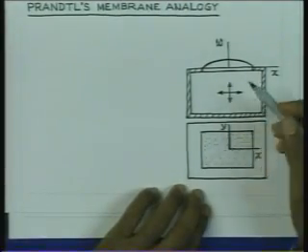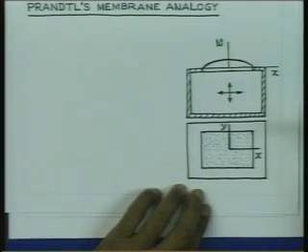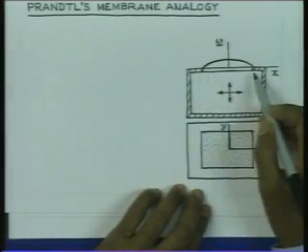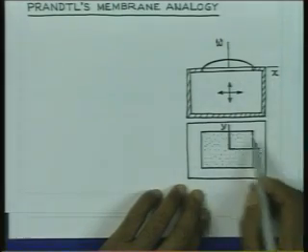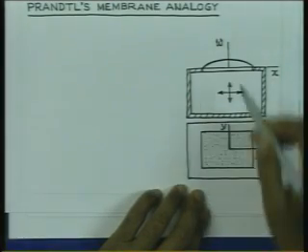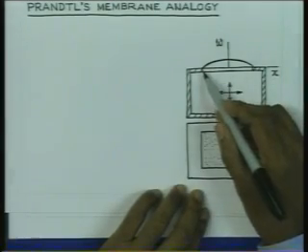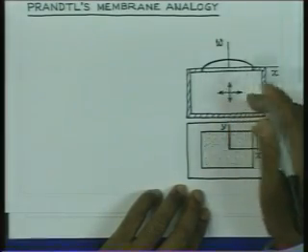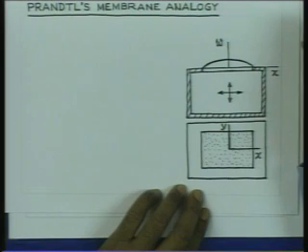let us consider a closed box, and in one of the faces it has a cutout here. This cutout is closed by a membrane. It could be a thin sheet of balloon material, or it could be a soap film.